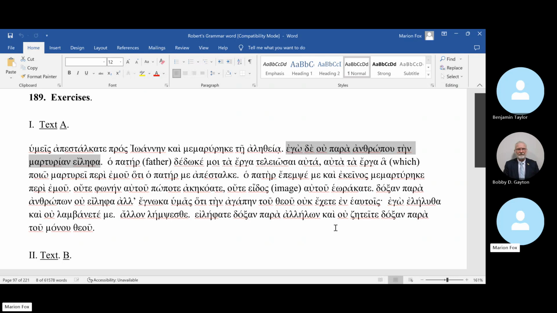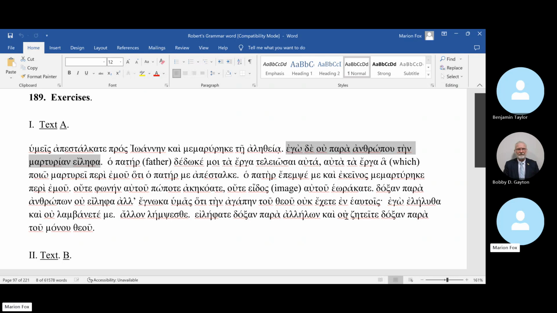Yeah, but I have not taken the testimony, the witness of men, not received it. I think if we look at it, it might be I've not taken it to myself. This is a self-prompted taking. Lambano is something you reach out and take, and without being prompted, you decide to take it. So I have not taken that.